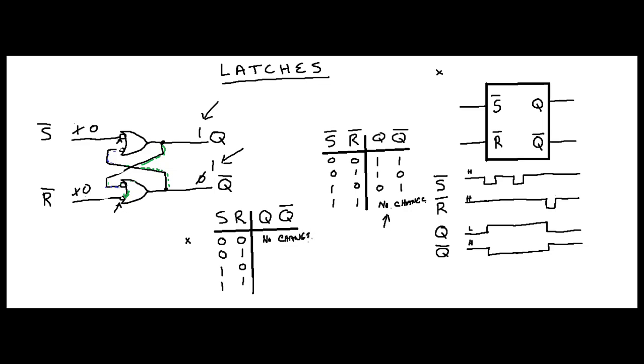Because neither set nor reset are active. Here, Q would be 0, and Q bar would be 1, right? Here you're setting it, so it would be 1, 0. Q would be high, Q bar would be low. This right here would be your forbidden condition. That's your forbidden state.